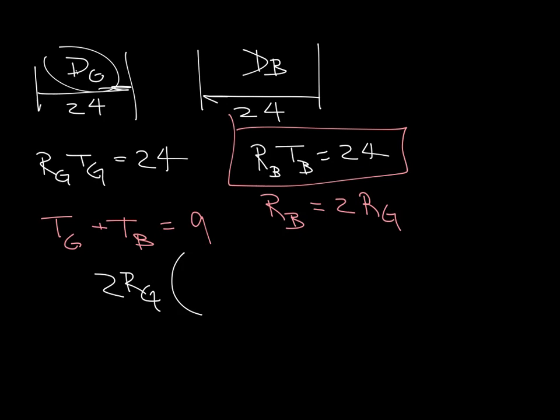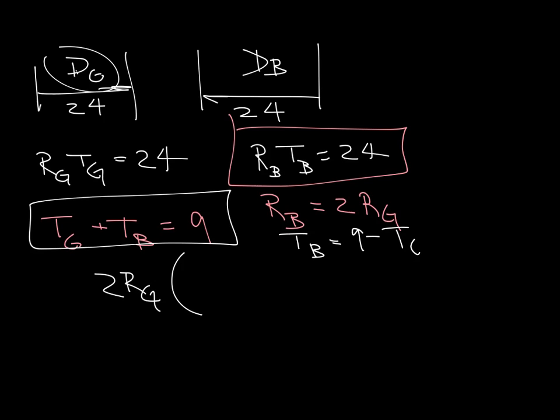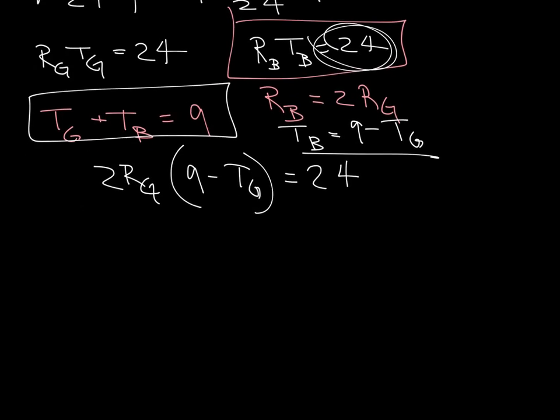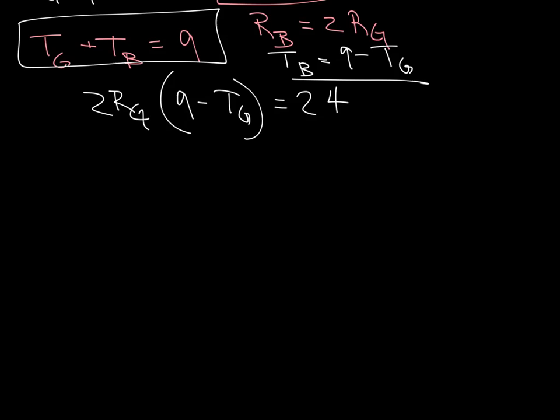And as our TB, we can rewrite our TB as TB equals 9 minus TG, and we'll put that right here, and that equals our 24. Alright, so let's move that up. What do I have? Distribute.